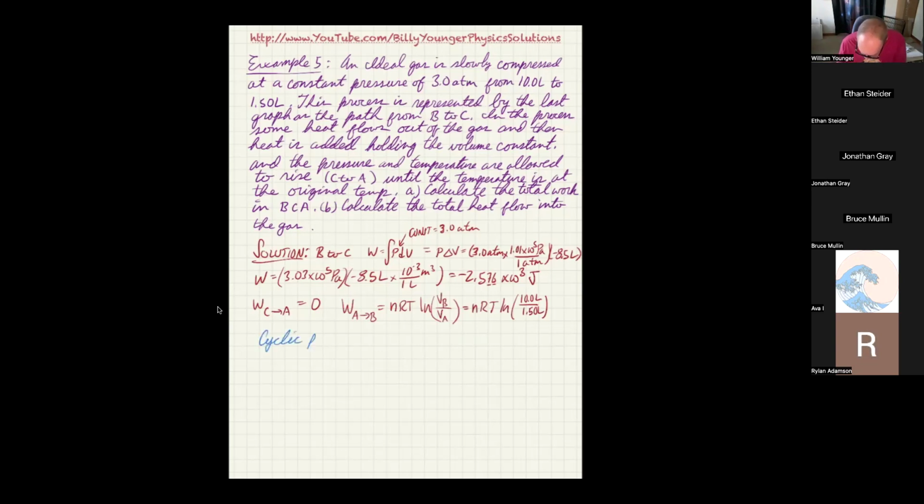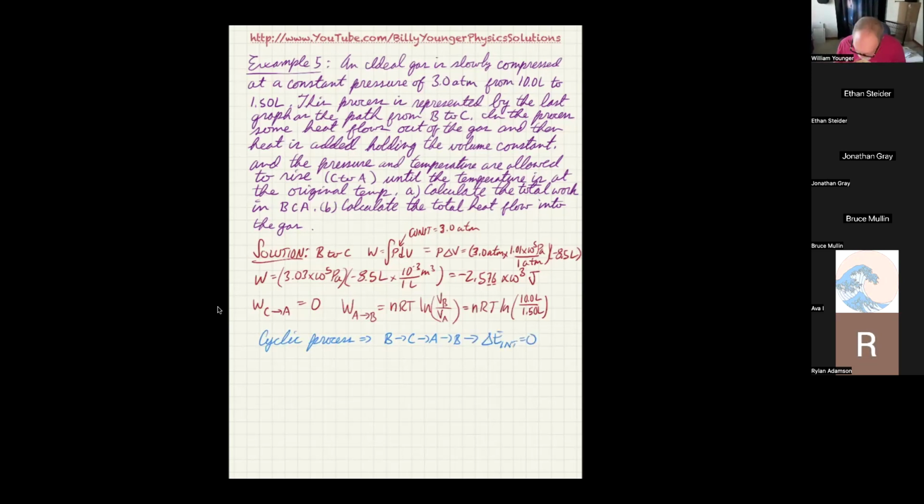Cyclic process implies I went from B to C to A to B again, implies delta E internal equals 0. And that's true, period, not just for an ideal gas.